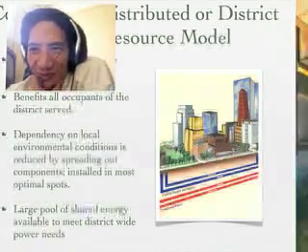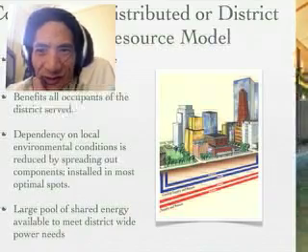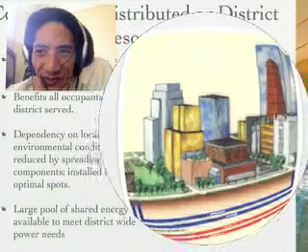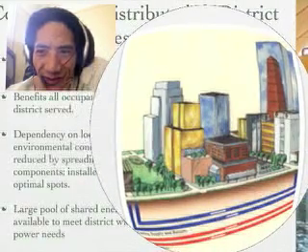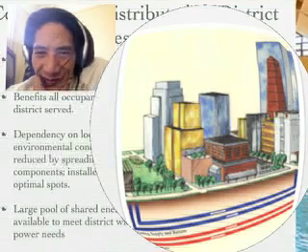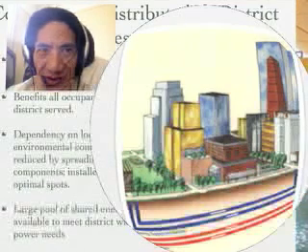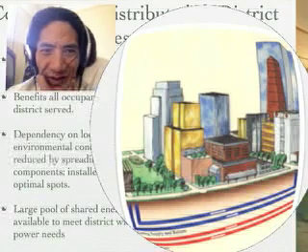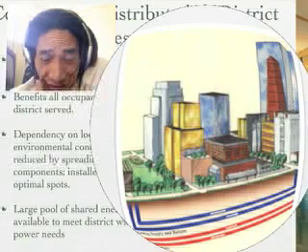the different elements are all on a grid, and this grid is shared by the occupants of a district, and it has the benefits of it pools everybody's resources. It serves all the occupants of the district.